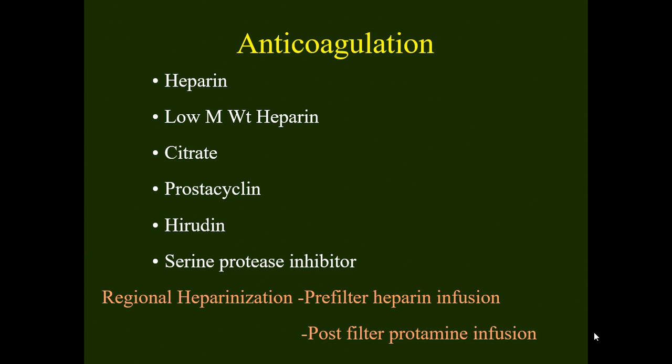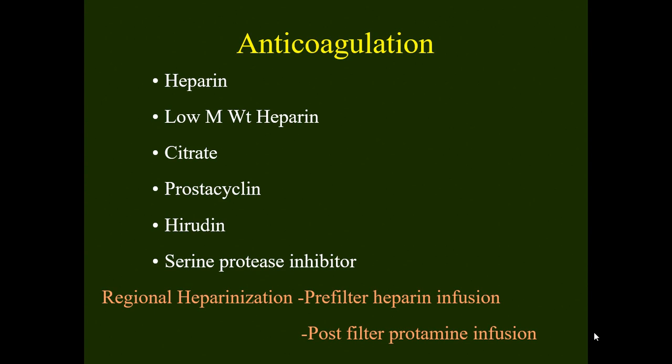Coming to anticoagulation. Only the first three are of clinical importance. These three are only of theoretical importance. If you are doing hemodialysis or a SLED, you can do it anticoagulation free. What you primarily require anticoagulation for is CRRT, because it is a 24-hour ongoing process and a low flow system compared to hemodialysis.